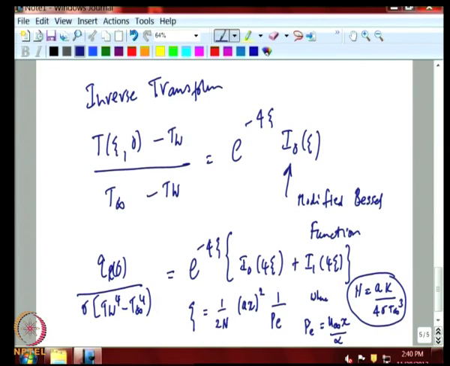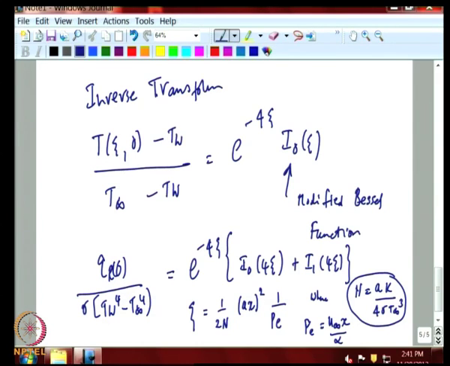So, series approximation is valid when psi is very small. So, when psi is very small, that is N is very large or Peclet number is very large, then this becomes very small. Then we can expand this I0, I1 and e to the minus 4 psi in terms of linear terms, and then you will get the result which we had obtained earlier using the series approximation.